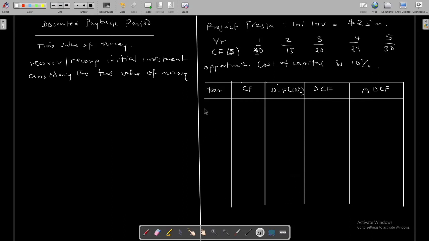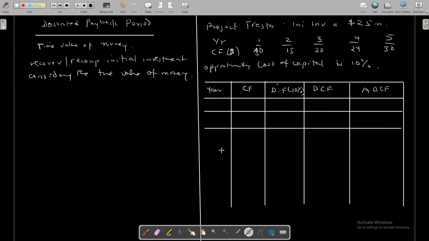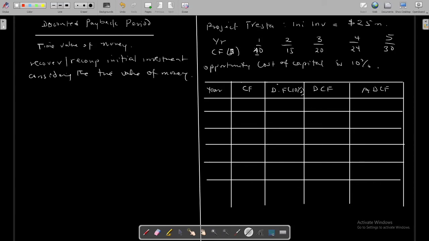So let's look at year 1, year 2, year 3, year 4, and year 5. Okay, so let me use a different color.